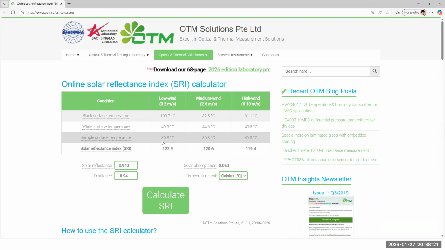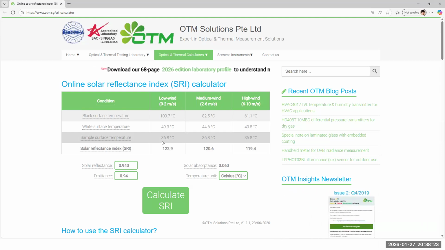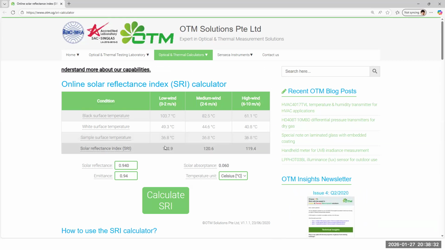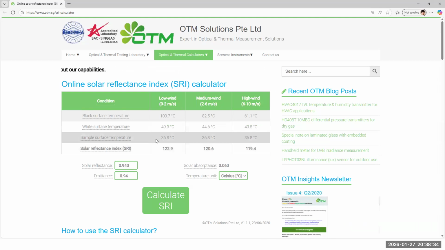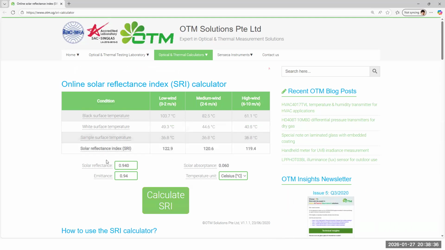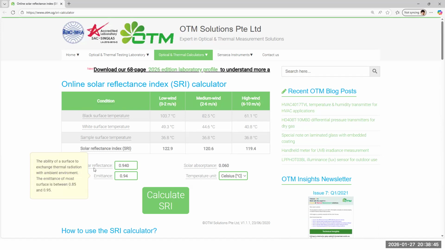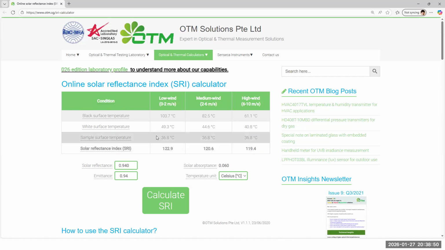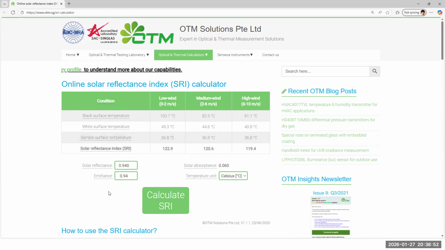So now we understand the importance of solar reflect index. If you are choosing a material like concrete and bronze, the solar reflect index is only 20 to 30, so the sample surface temperature can be 80 or 90 degrees Celsius. If we choose materials with high solar reflectance and high emittance, this temperature can be largely lowered.